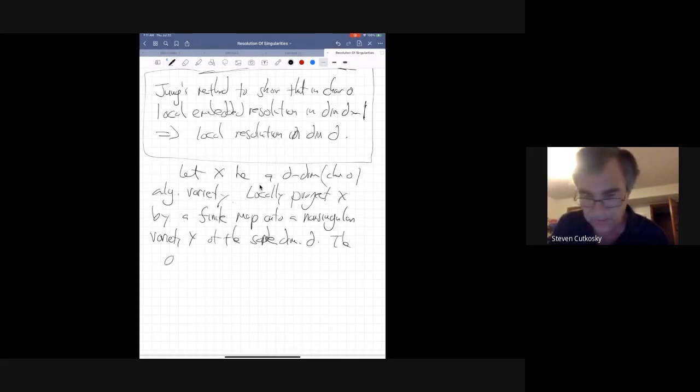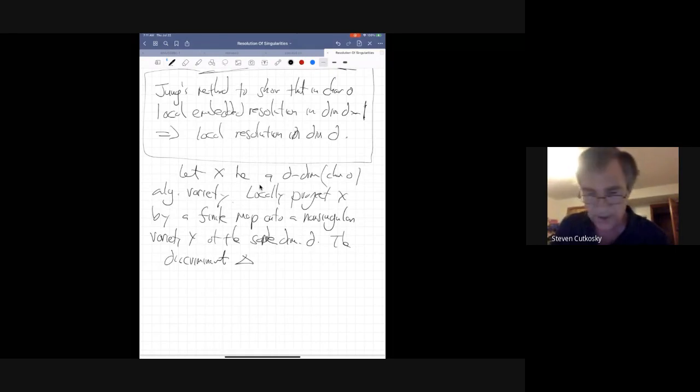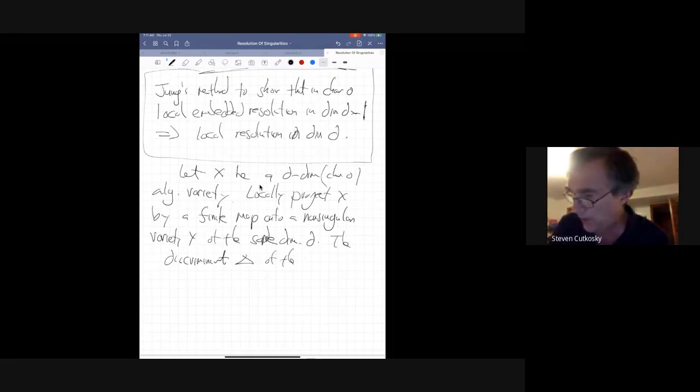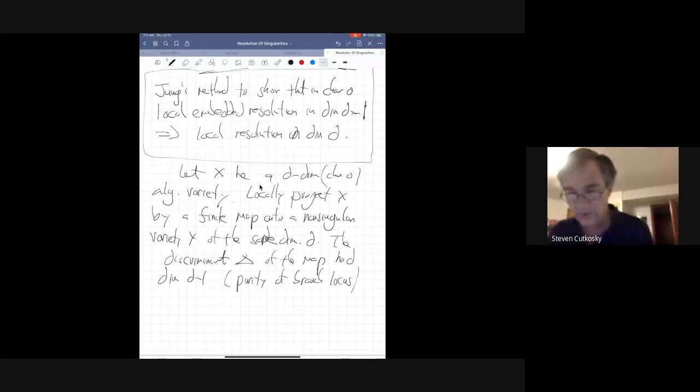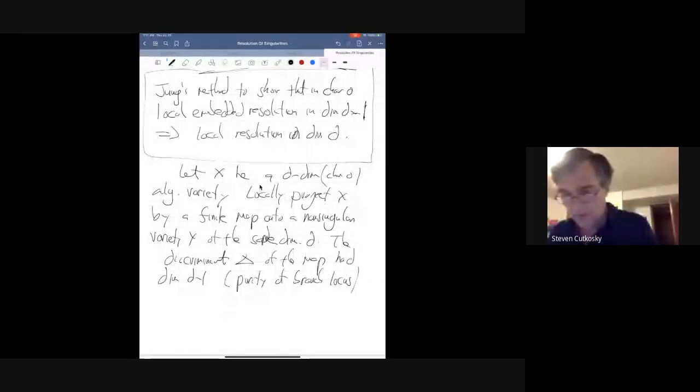The discriminant delta, that shows where the ramification is, has dimension d minus 1. This is the so-called purity of branch locus, which was proven by Zariski, Nagata, and Abhyankar. Sorry, Auslander. Zariski, Auslander, and Nagata.